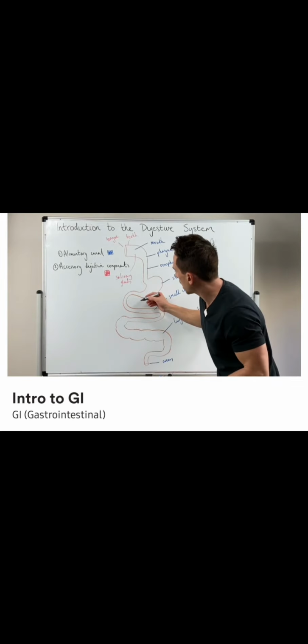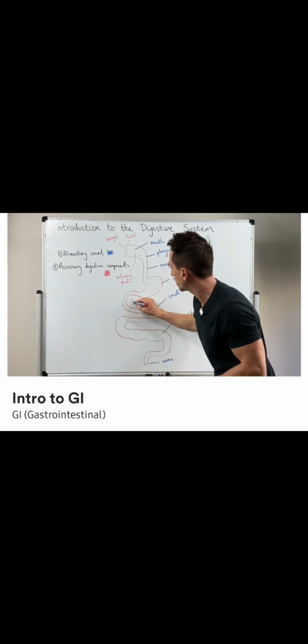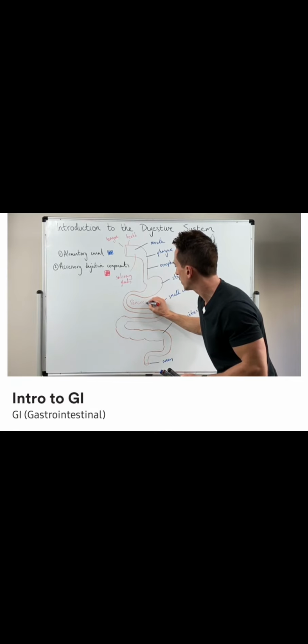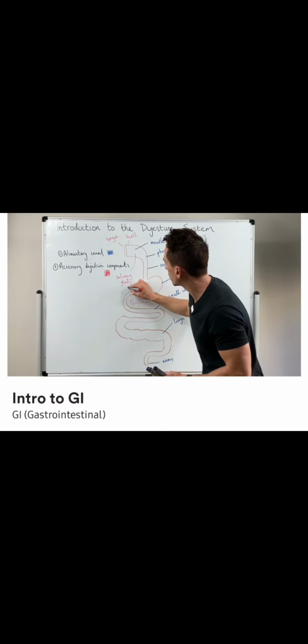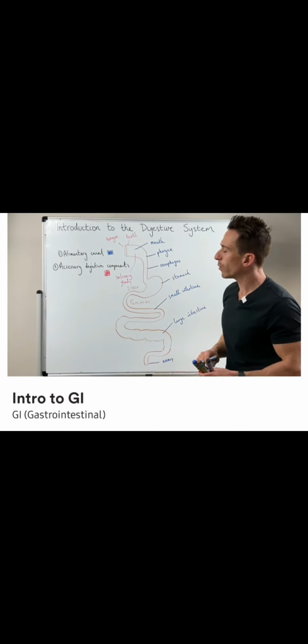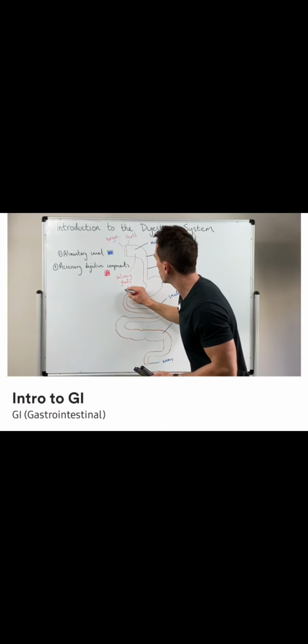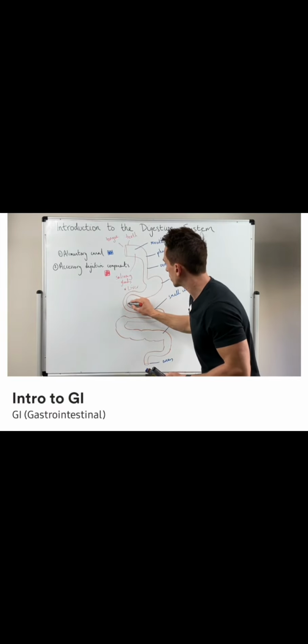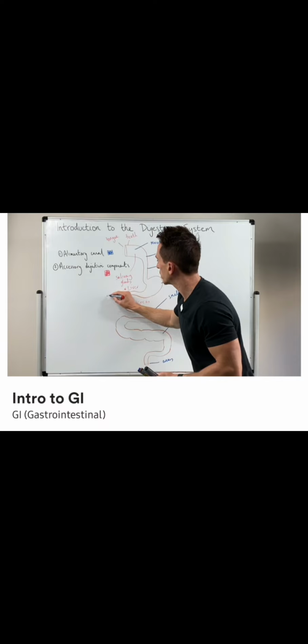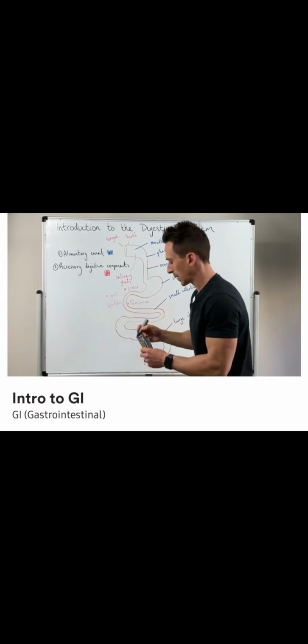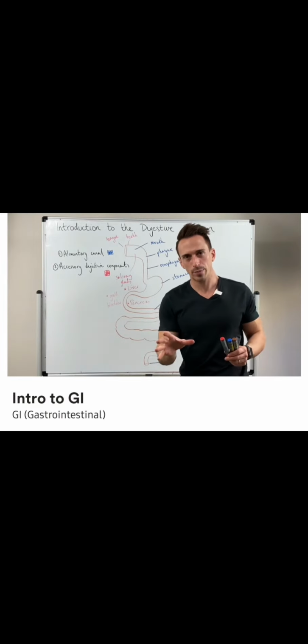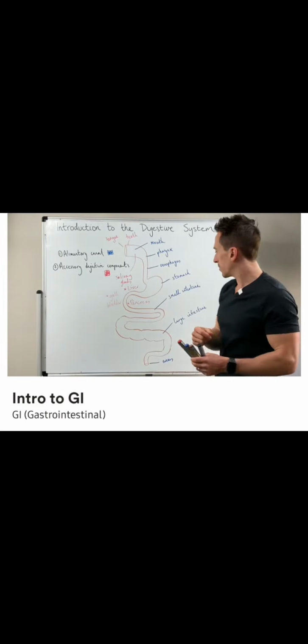It also includes the pancreas, which sits around about here, and the liver, which sits round about here. Underneath the liver we've got something called the gallbladder. So we've also got the gallbladder. I'll put an asterisk here for the gallbladder. And these are all various aspects of the accessory structures.